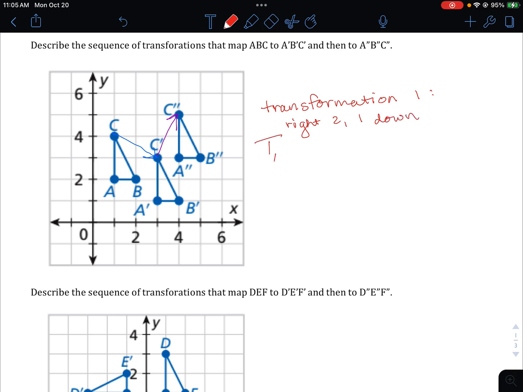Which you could write as a coordinate rule, or you could write it as a vector. That's transformation number 1. Transformation number 2, it looks like we go right 1 and up 2.